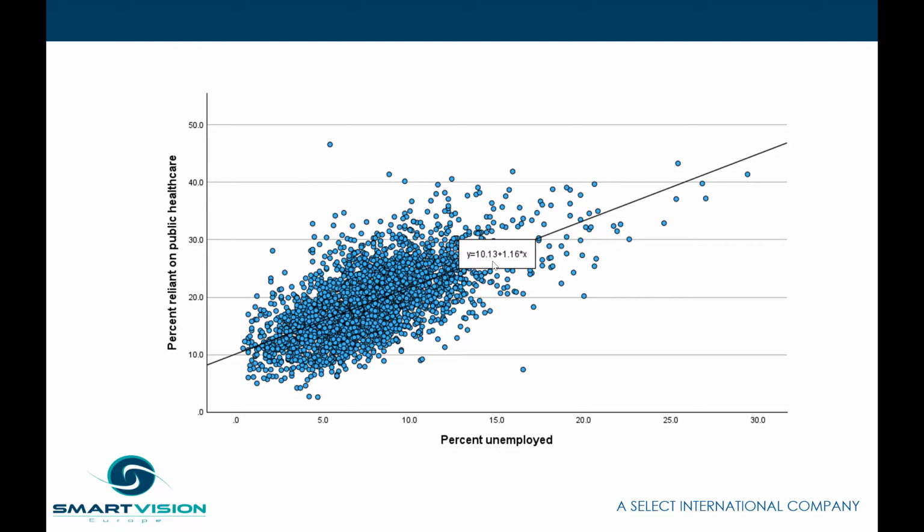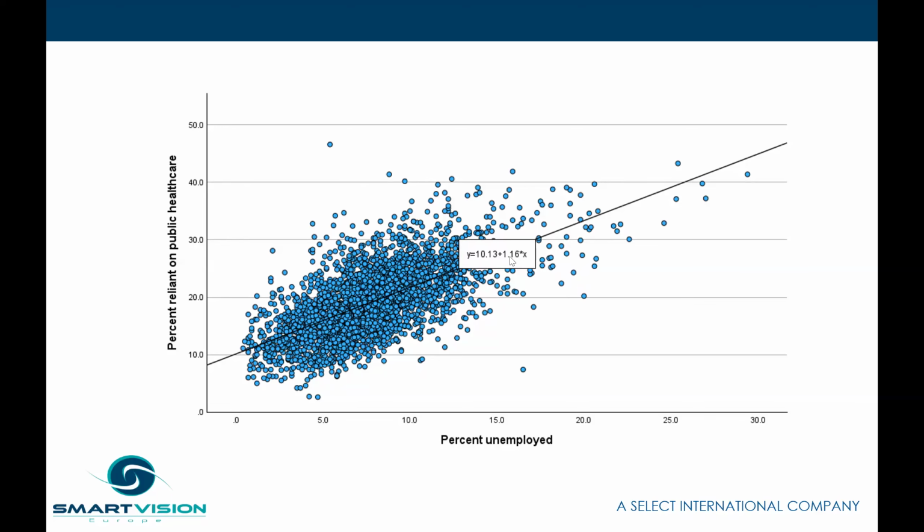That's basically because it's 10% times 1.16 plus 10.1, so it'll come in at about 22 or 23%. So that's what the formula is. It actually gives it to you.